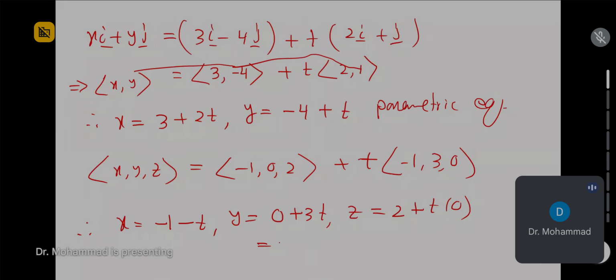So this is our twice t for y, and this is our z equals 2. So we have the parametric equation right now. We have the x, we have the y, and we have the z. Am I right? Is it clear? Yes, sir. Okay.